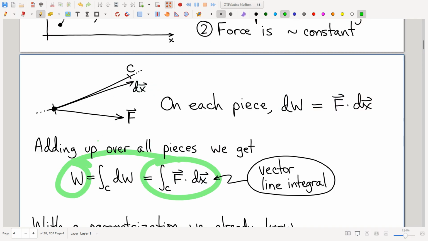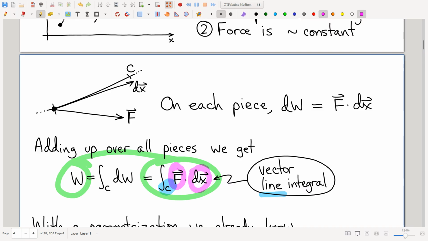Now, that said, we're adding up over a curve. So it's still a line integral of sorts. But our integrand is a vector. Our differential is a vector. That's creepy, right?